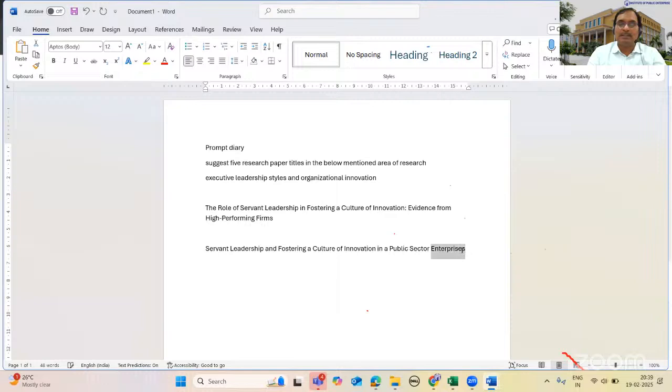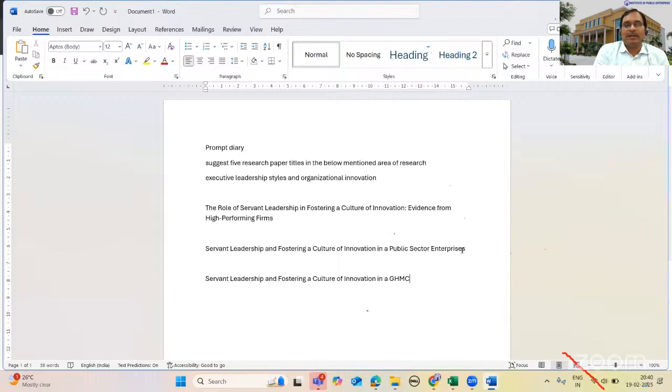Let me say the same topic is here: servant leadership and fostering cultural innovation. Instead of public sector enterprises, I say, I'm from Hyderabad, so I'm interested in, let us say, GHMC, that is Greater Hyderabad Municipal Corporation.